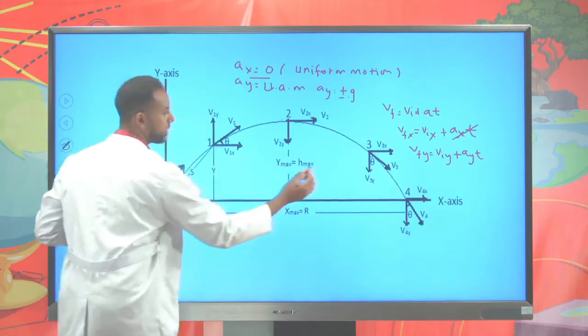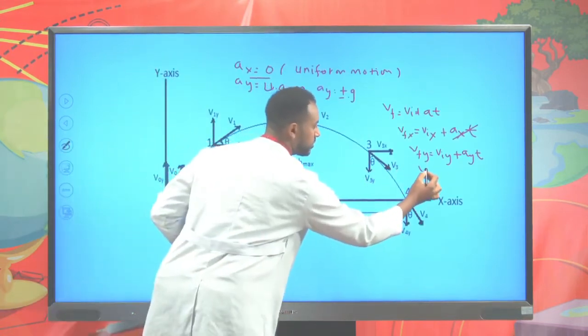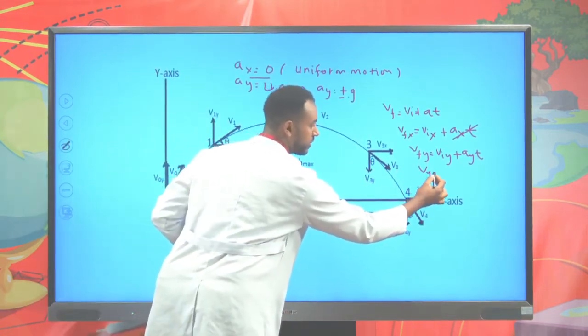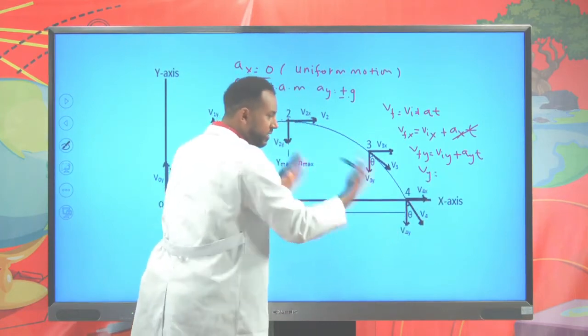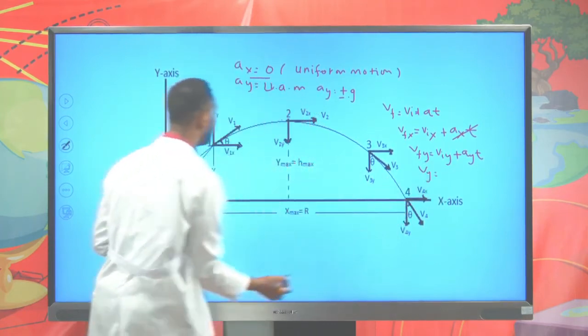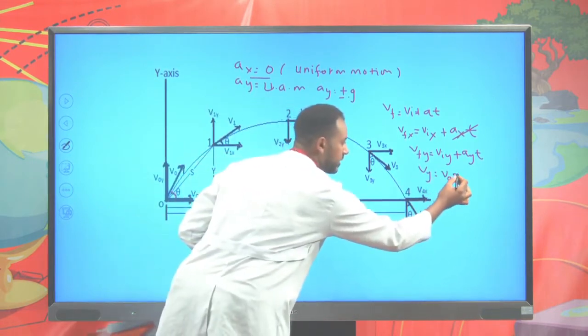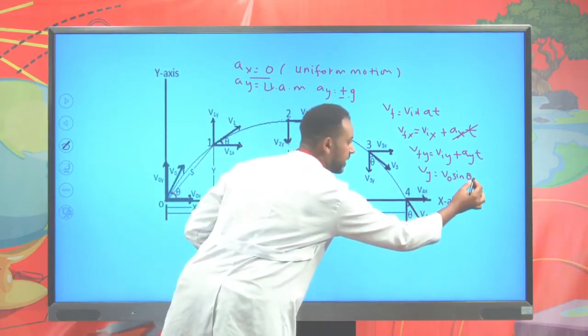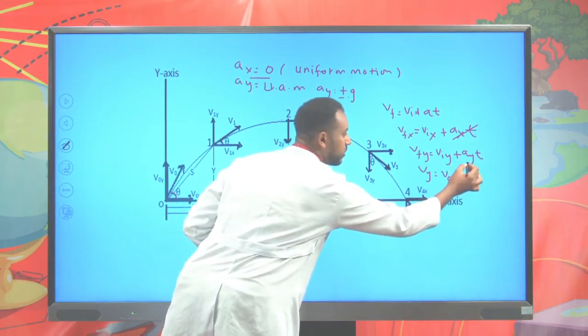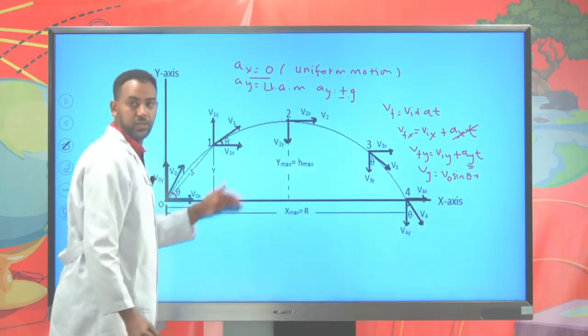Here, v final y, the final velocity, means the velocity at a given time t. The initial velocity component, previously we said, is v naught sine theta. And plus here, we have to put the gravity.